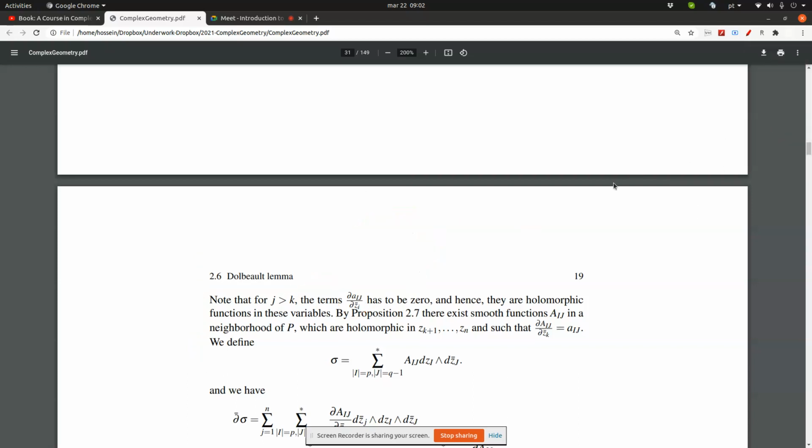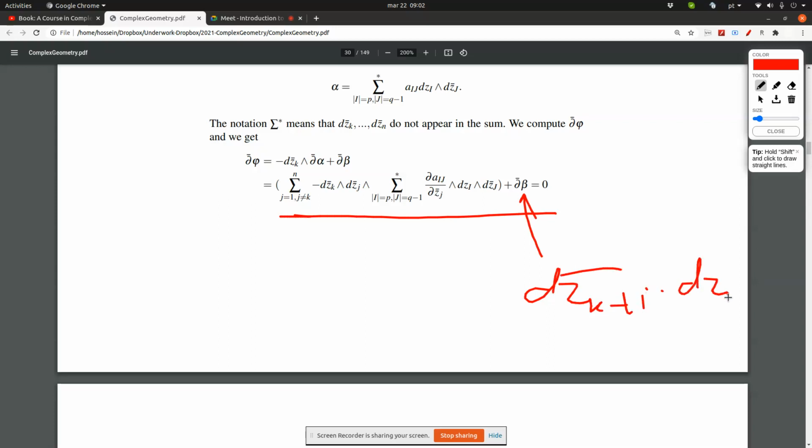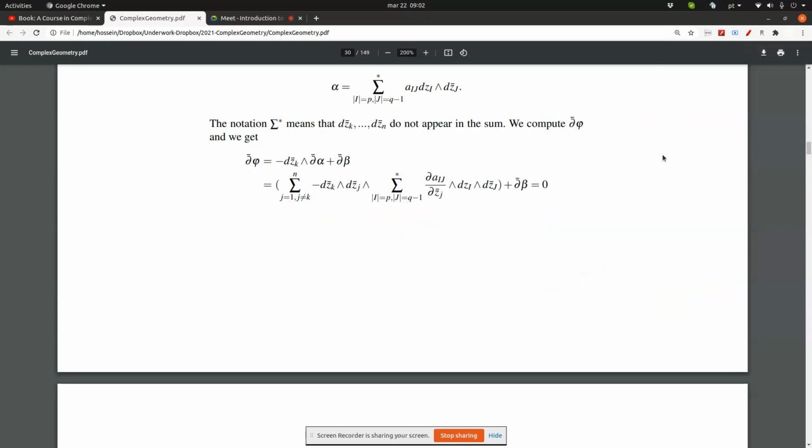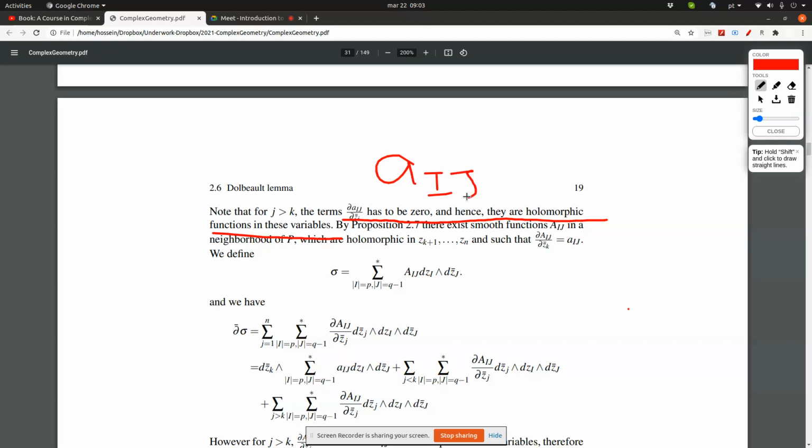Remember that at the end of the day we have this equality. This has no dz_{k+1} bar to dz_n bar, and in particular there is no such thing here. The moral of the story is that these coefficients will be holomorphic in this variable, so they will be holomorphic in z_{k+1} until z_n.